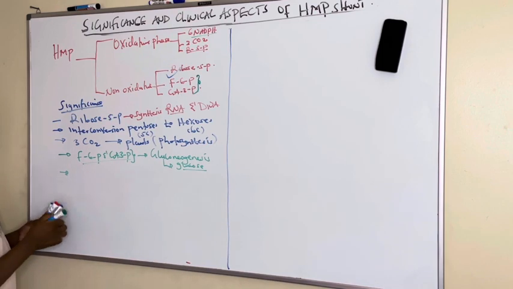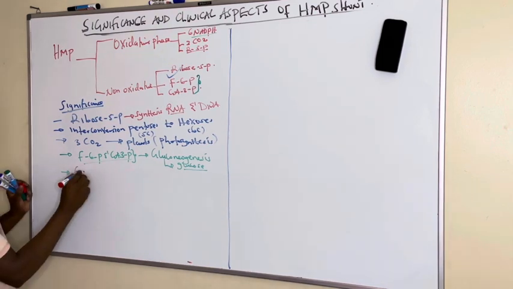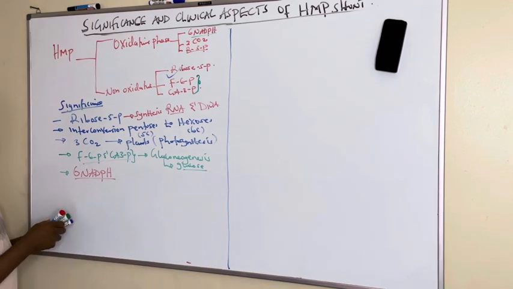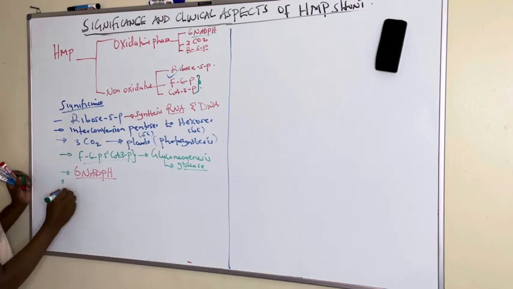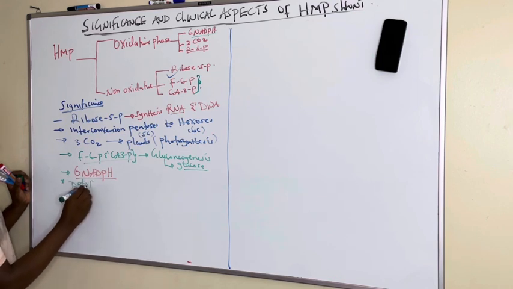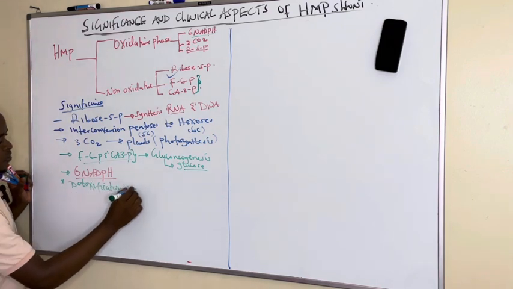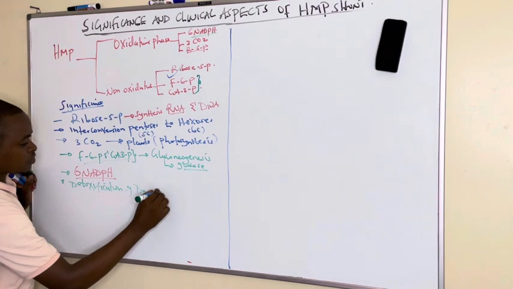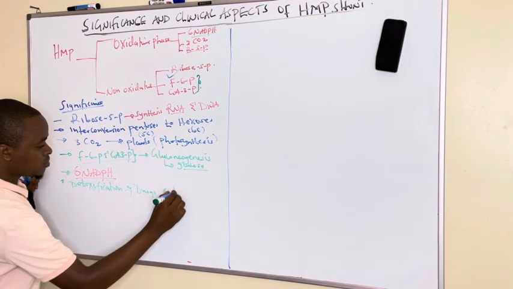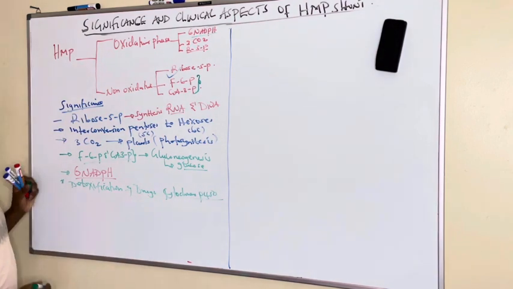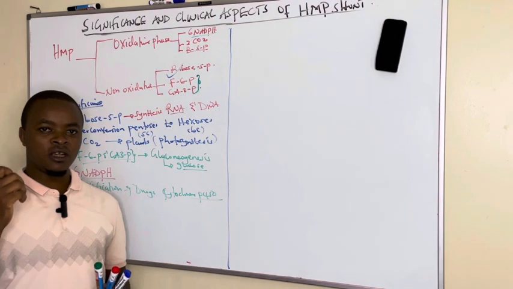We saw production of 6 NADPH, and this reduced NADPH is responsible for many metabolic processes, and one of them is that it enables detoxification of drugs by microsomal cytochrome P450 isoenzymes, which are responsible for detoxification of drugs.